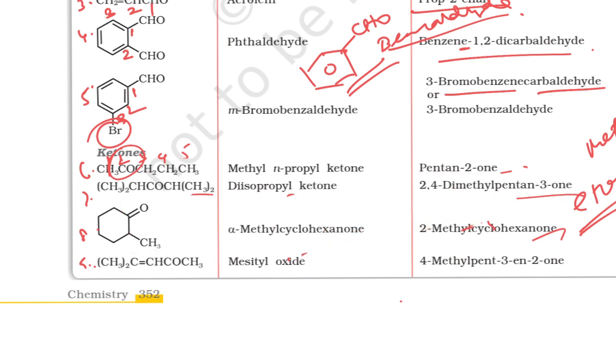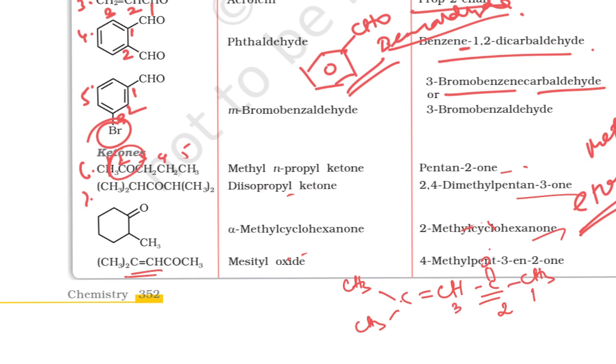The last molecule I will explain to you is this one. Look here, there is a double bond here, right? So CH3, CH3, here double bond is there, then CH, then C double bond O, CH3. Clear? So the C double bond O, that is your ketone, is more preferable, so we have to give the least possible number to your keto group.